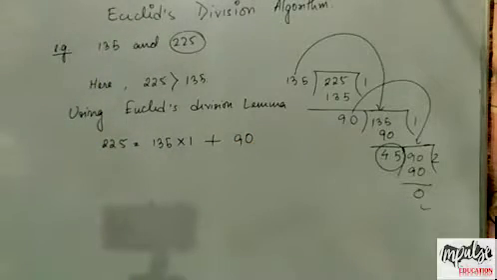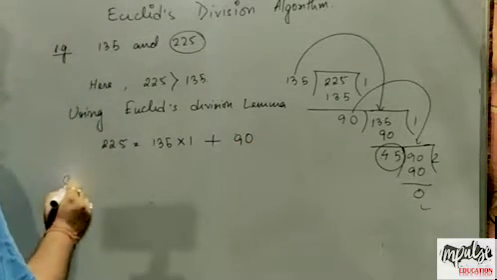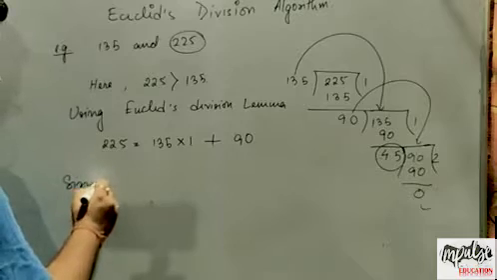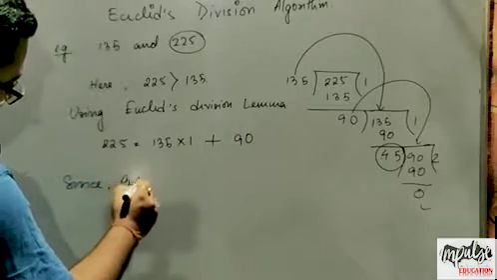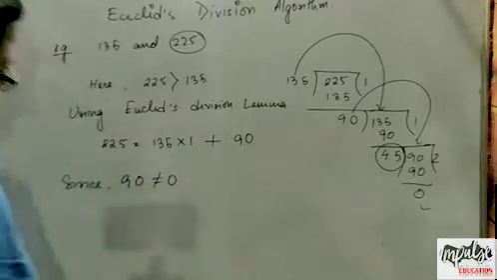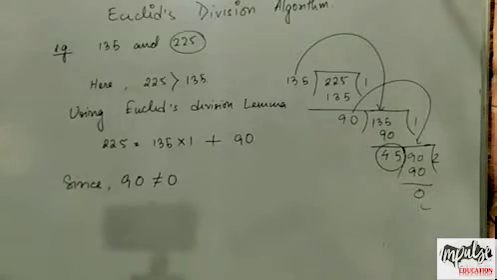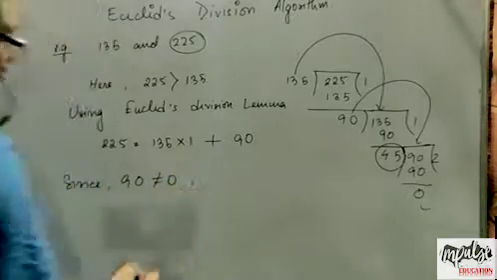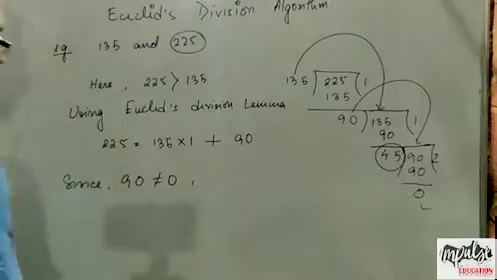Correct? Now since 90 is not equal to 0, so what have we done now?